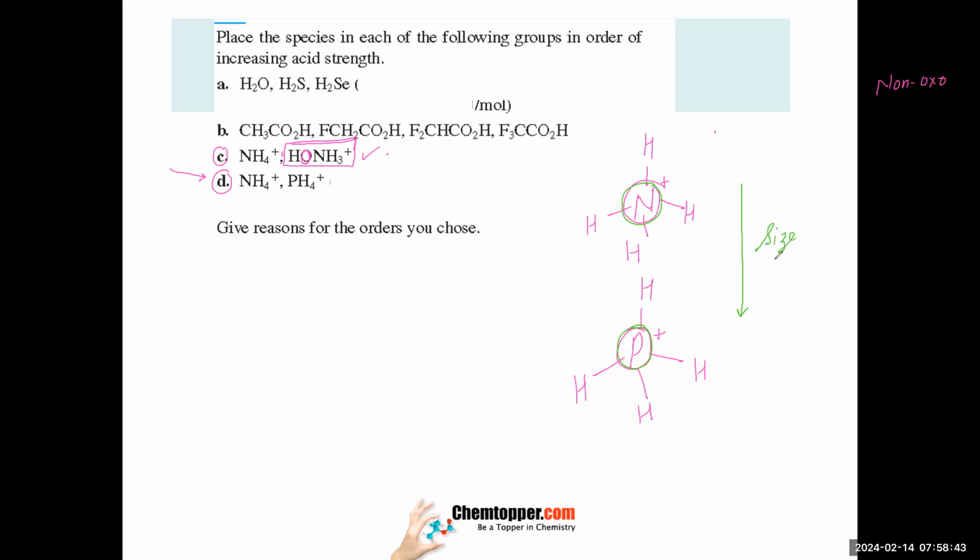From the size, you are going to compare bond lengths, right? From bond lengths, you are going to compare bond energy. From bond energy, you are going to compare acidity. Which one is easy to break, right? If bond energy is less, it's easy to break. Are you okay with this understanding?